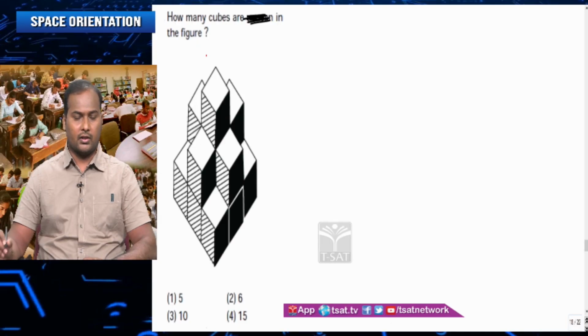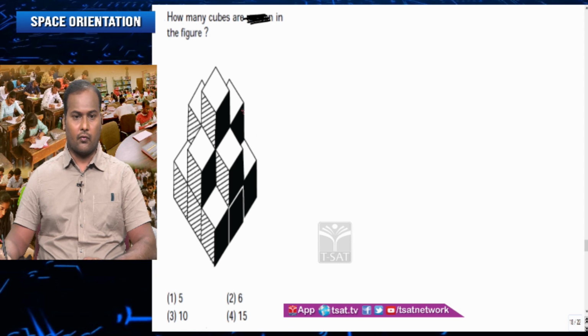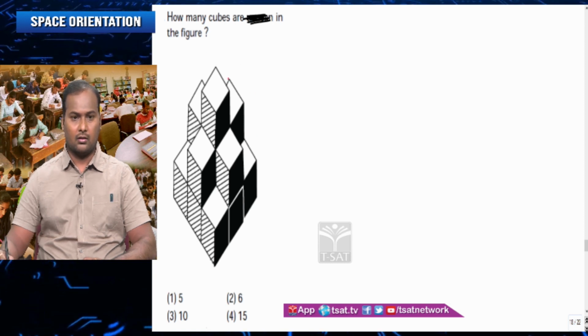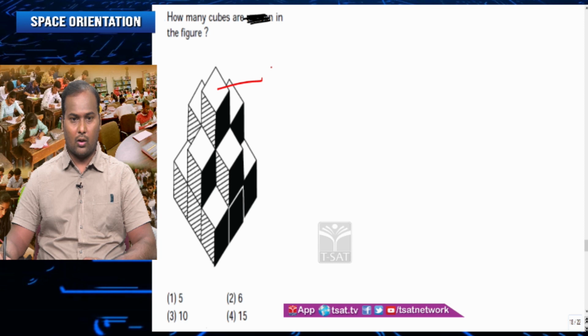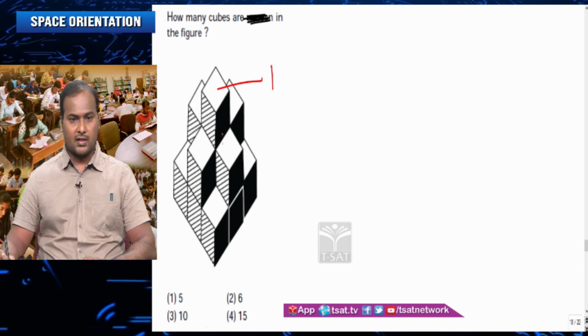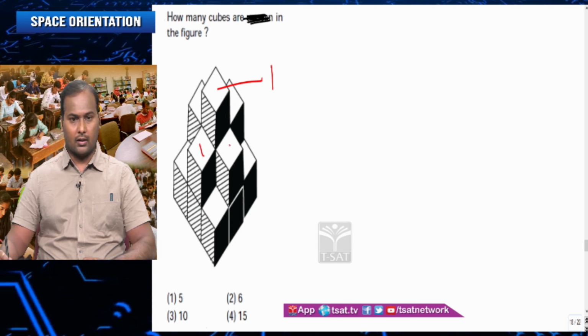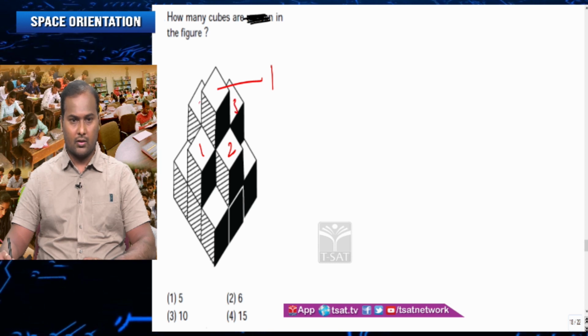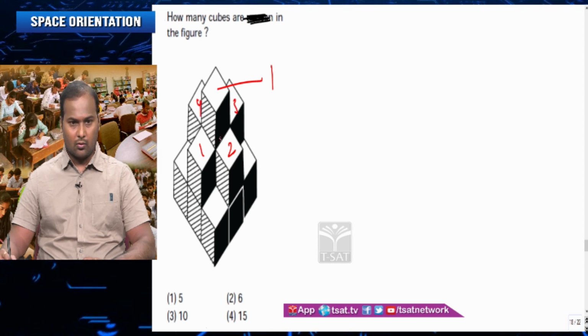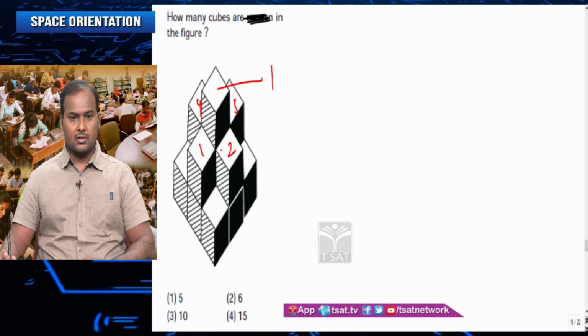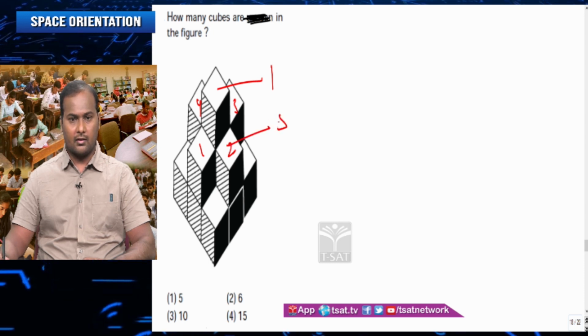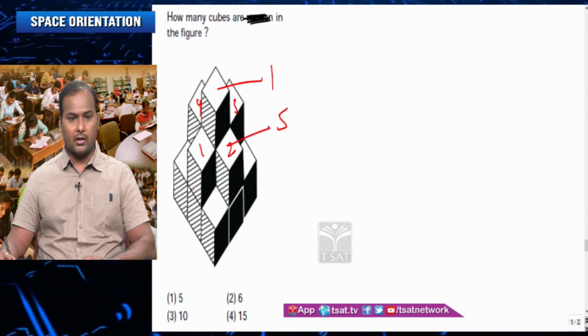Let's see this question. The question is, how many cubes are there in this particular figure? On the top you have one figure. See the second layer. In the second layer 1, 2, 3, 4. So 4 are visible. 1 is not visible, at the center. So in this layer 5 are there. How many are at the bottom?